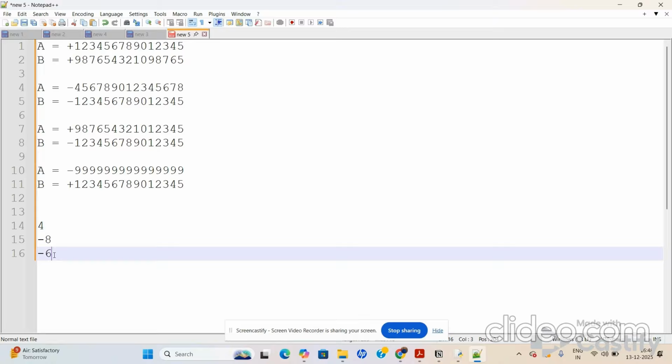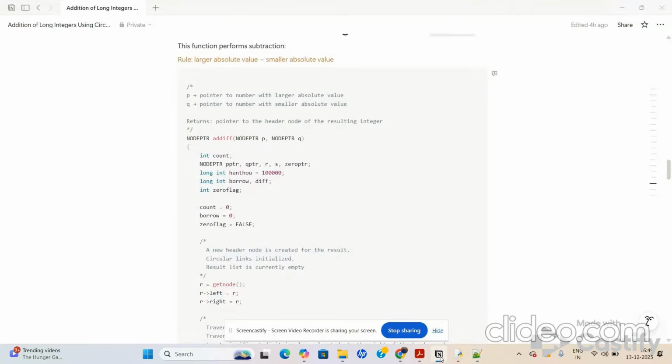It is minus 4, right? So borrow always flows from higher digit to the lower digit. In our implementation, we are not using base 10. We are using base 10 to the power 5, meaning that borrowing now implies that you are borrowing 10 to the power 5 from the next higher digit group.